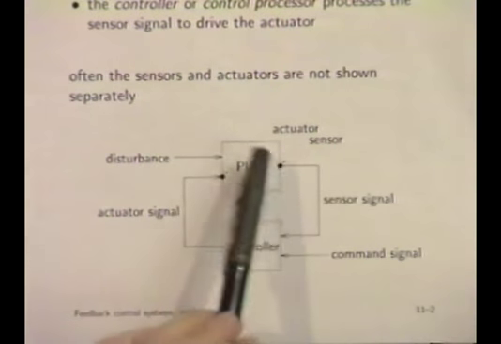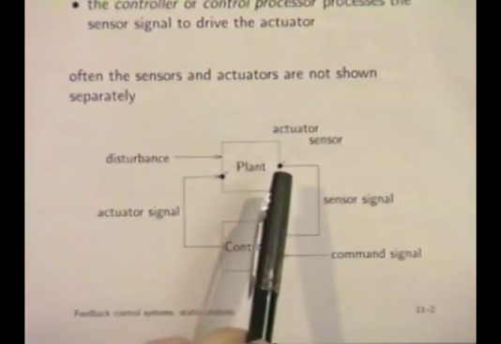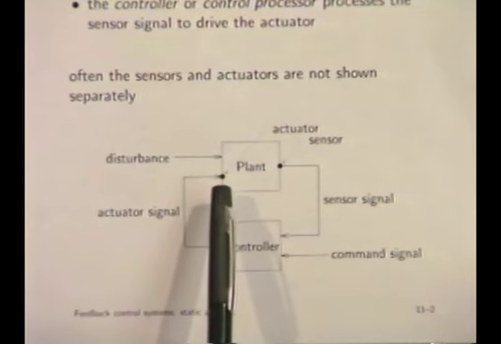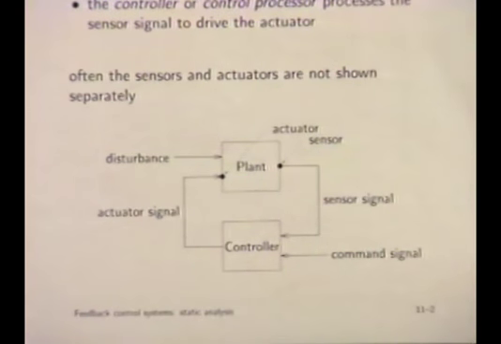Now this thing is a dynamical system, usually, and you have sensors which actually measure the behavior of the plant, critical parts of it, and you have actuators. Actuators are things which actually affect the behavior of the plant. All this is very abstract now, but when we look at examples, it'll become pretty clear how this works.